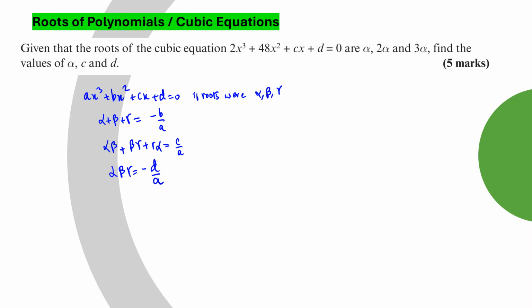So this is what we need to remember, that if the three roots were alpha, beta, gamma, then it would be minus b over a, this being the standard format of the equation.